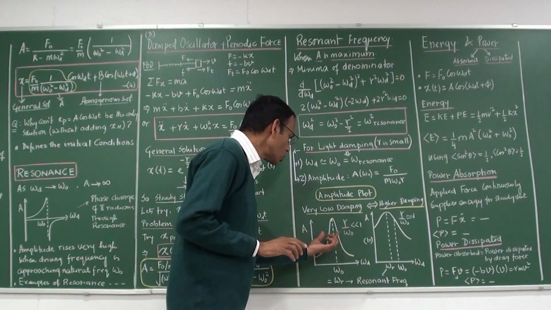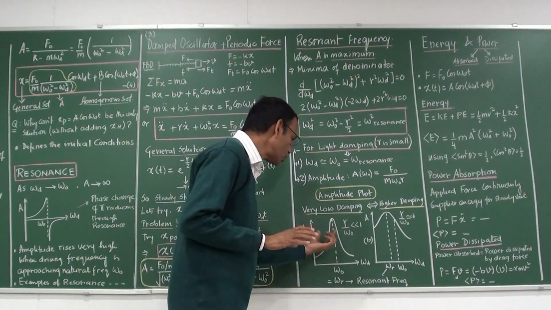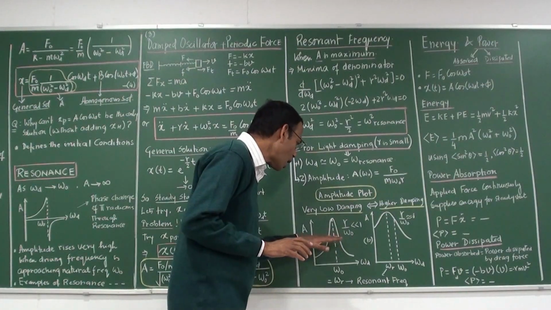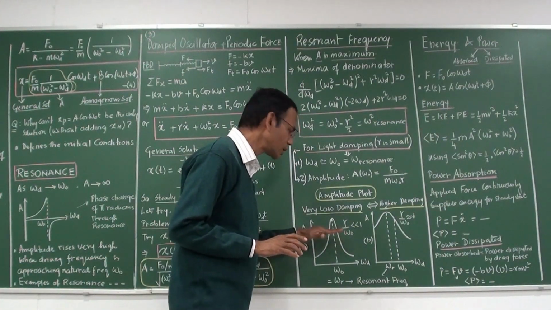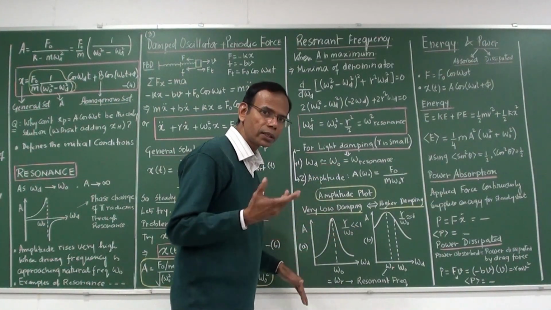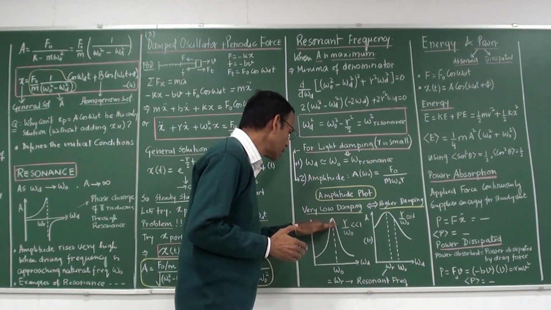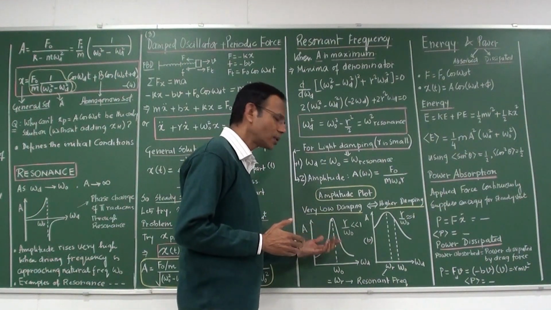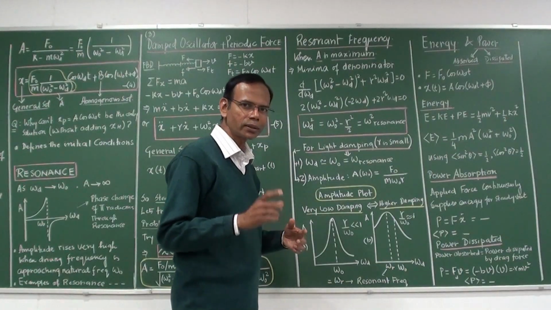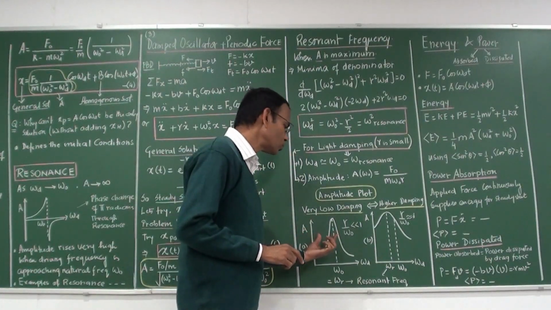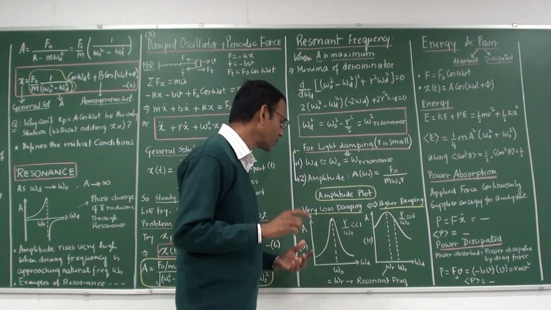Alright, I hope you are following it. Wherever it is half of the maximum, whether amplitude, energy or power, from there you can calculate the frequency width.